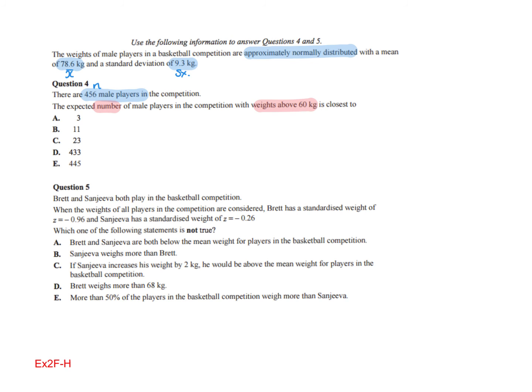So what you can do is draw and find out where 60 will fall within our scenario of one, or within our standard deviation. So let's have a look. If we've got the mean at 78.6, now 60 is lower than that, so I need to go down.